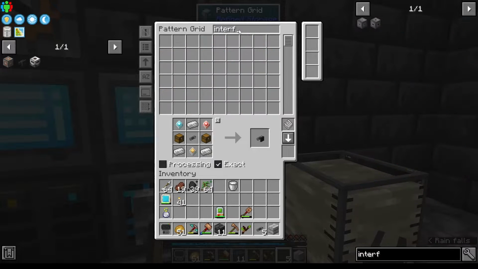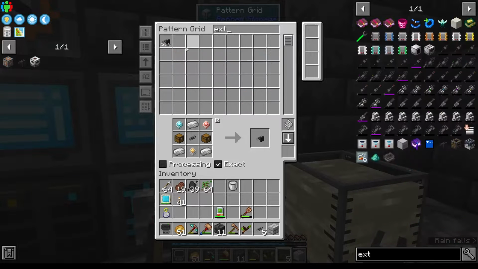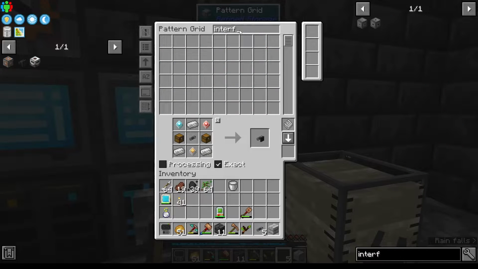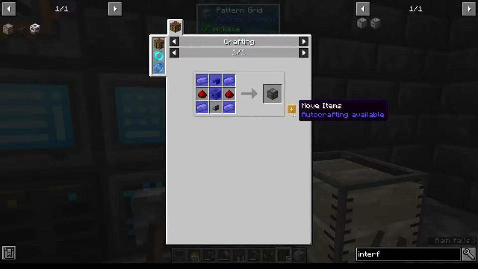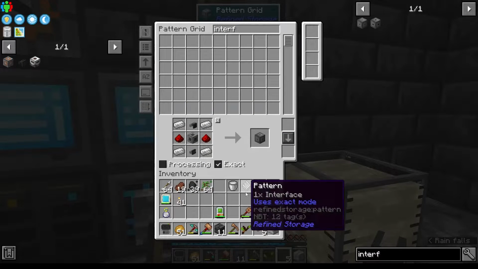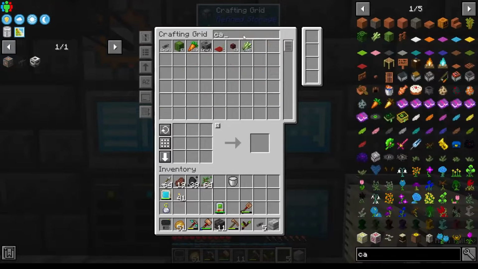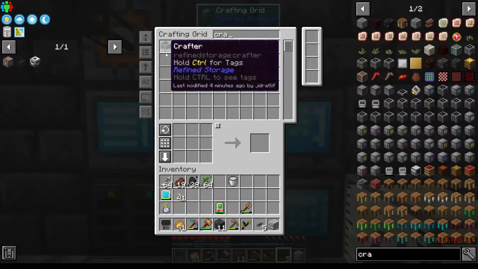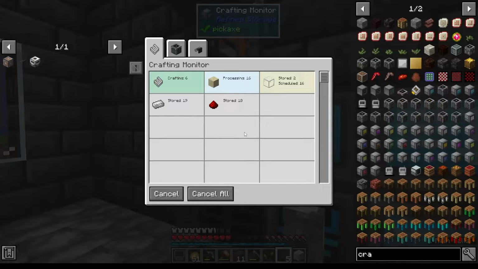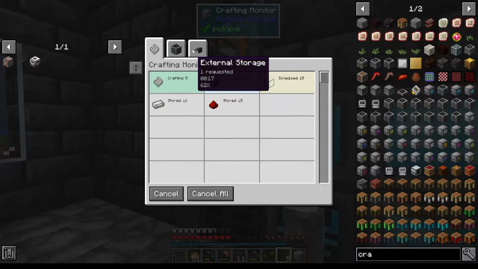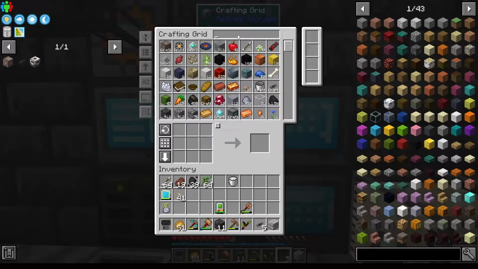And I want to teach you how to make interfaces too, but let's get one of these first going. There we go. Here's the last pattern there. And then we're going to need that crafter. He's still working on that. Okay. We'll get that in a minute.